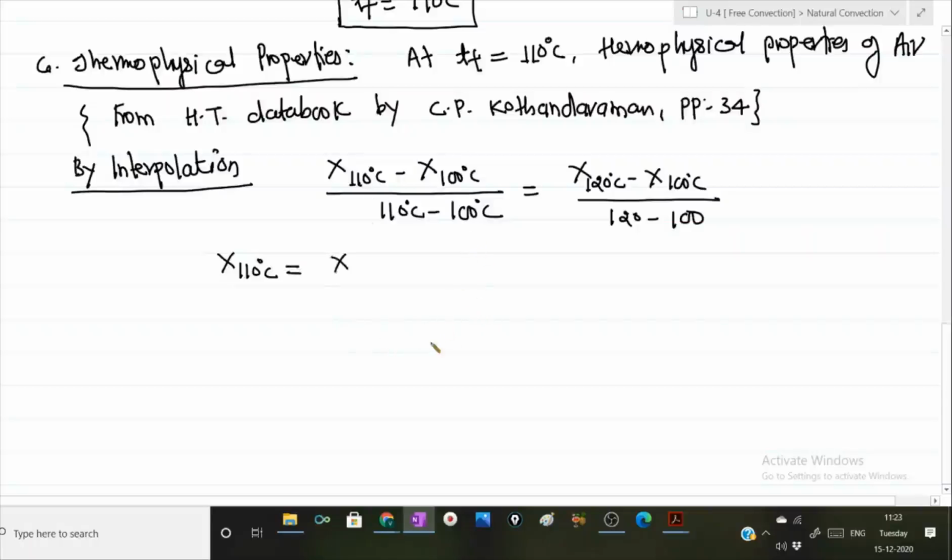So I can simplify this as 110 minus 100, 10, divided by 20. Okay. So unknown property at, sorry, this is 100 degrees Celsius.